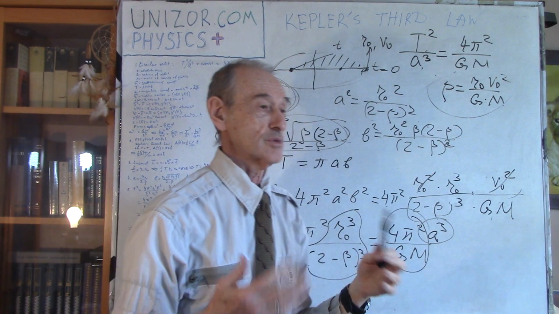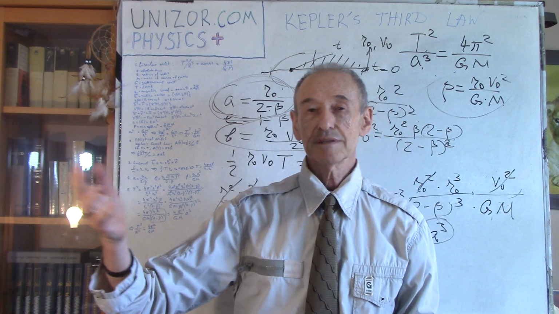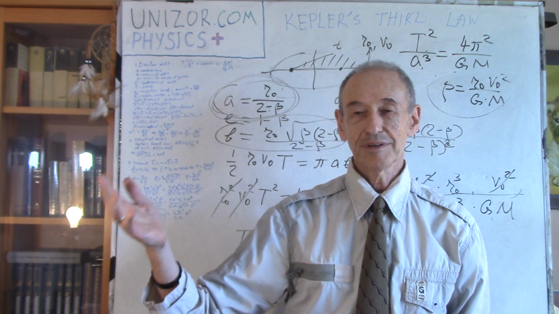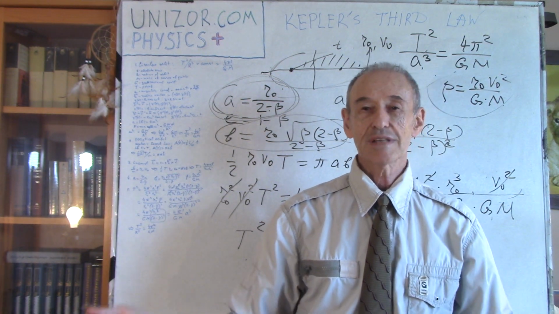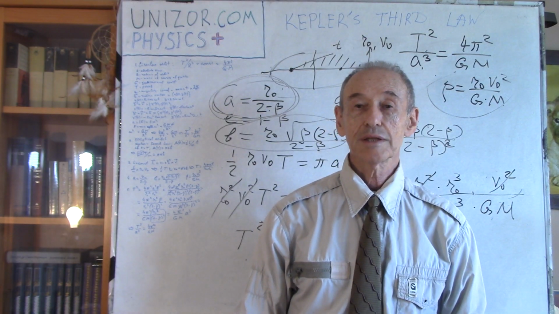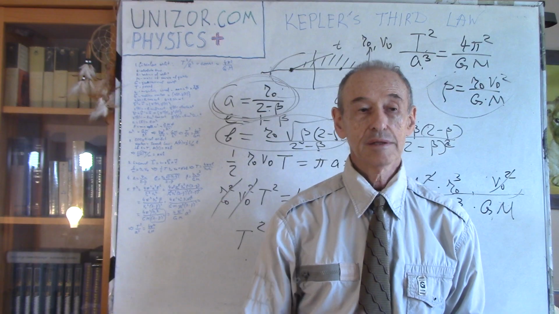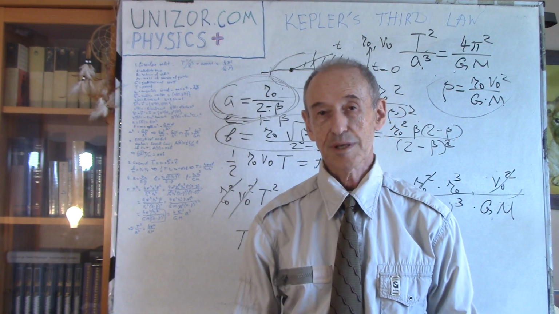That's something which Kepler was quite amazed about: take any planet, divide the square of its period by the cube of its semi-major axis, and you will have exactly the same number. That was quite remarkable at that time. And what's remarkable here is that you can theoretically derive exactly the same thing.